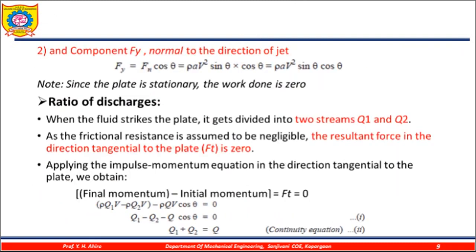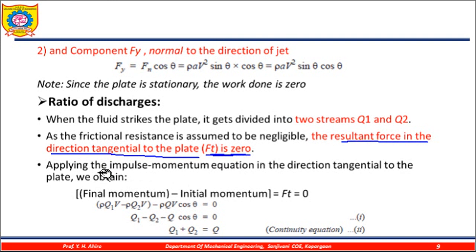Now, as the frictional resistance is assumed to be negligible over the surface of the plate, the resultant force in the direction tangential to the plate, let us call it Ft, is 0. Why is Ft 0? Because the friction is neglected along the surface of the plate.